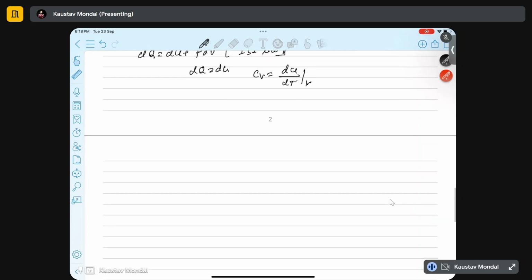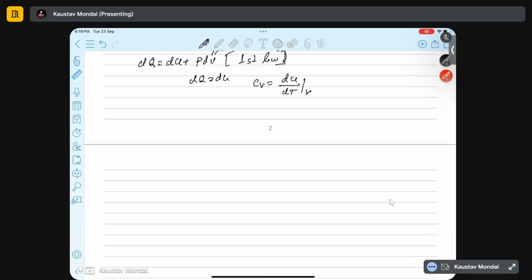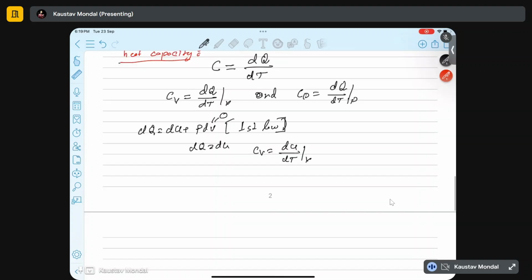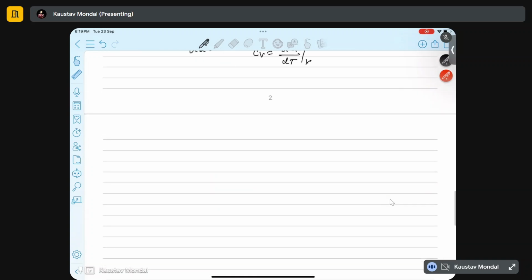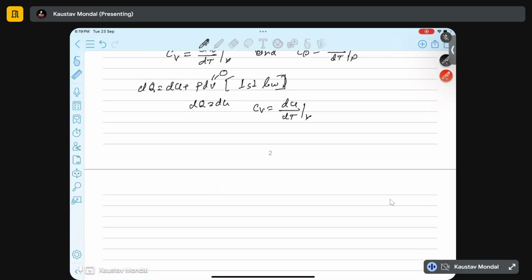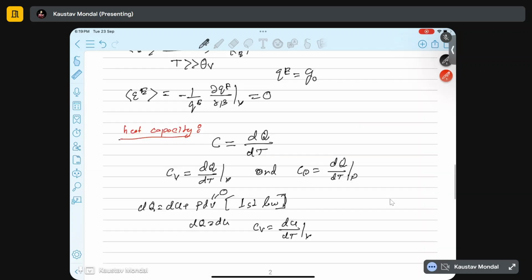So now that means that if you know the mean energy of a molecule, then you can calculate the specific heat or the heat capacity of the system.